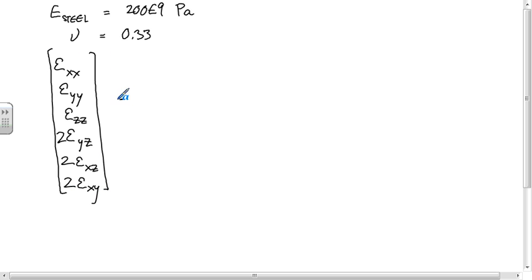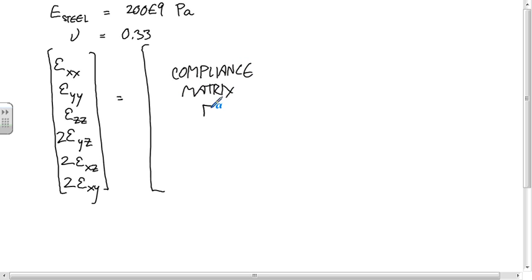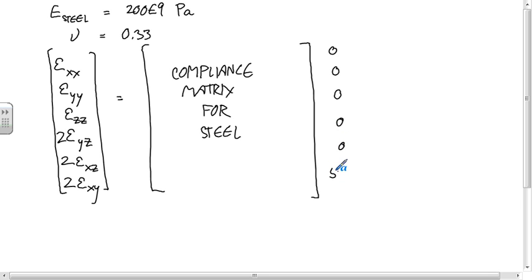And that's equal to the compliance matrix for steel times the stress tensor, which we know is 0, 0, 0, 0, 0, 500,000.